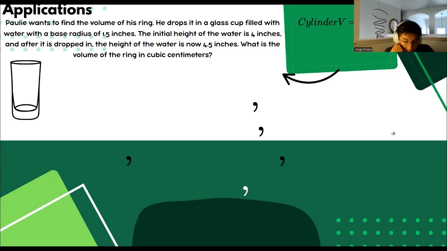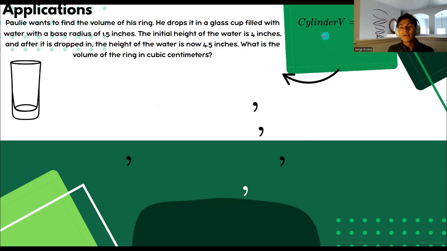So here we have that the height of the water changes from 4 to 4.5 inches and has a base radius of 1.5 inches. What we're going to do is take the difference between the volumes of the initial water and the final water, and that's going to be the volume of the ring.